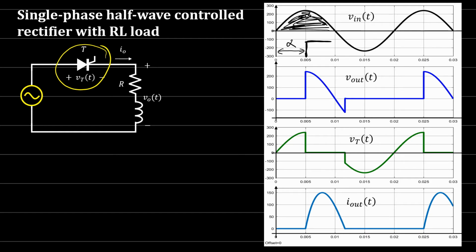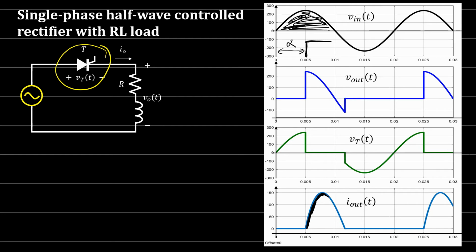Once the thyristor conducts, you will find that current starts flowing inside the load. At this point, because we have RL load, the output current will be delayed. It will take time, because the inductor holds the current.